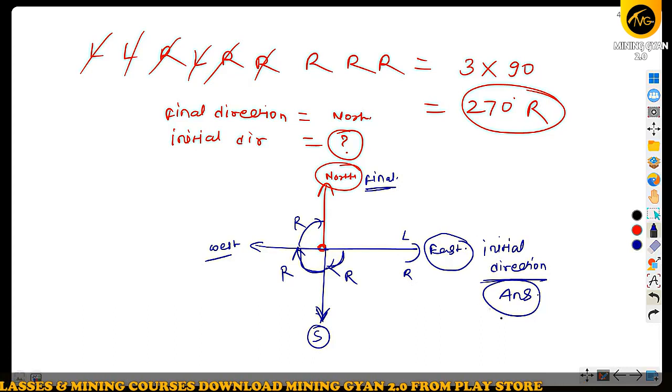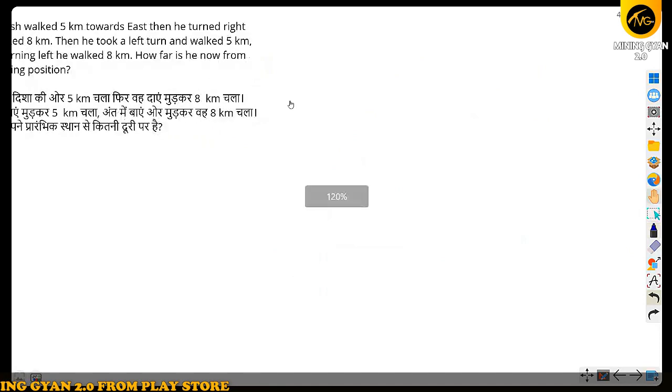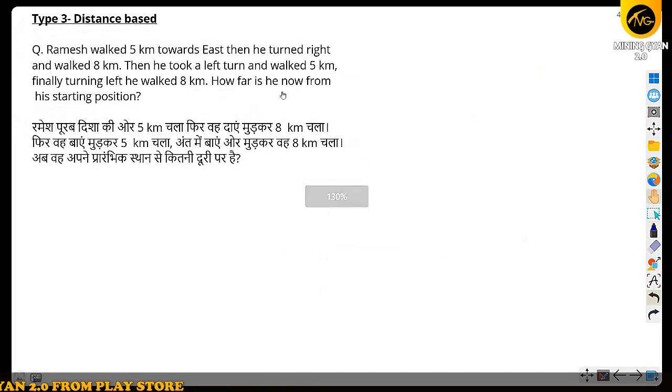Okay, I hope it is clear for all. Now the next type of question is the distance based question. Suppose the question is: Ramesh walked 5 kilometer towards east.